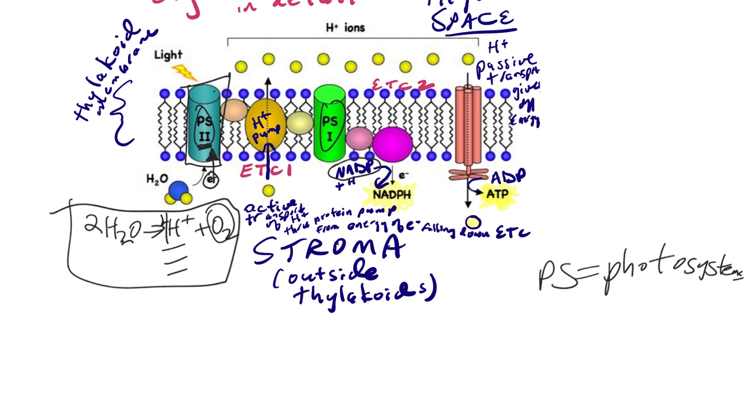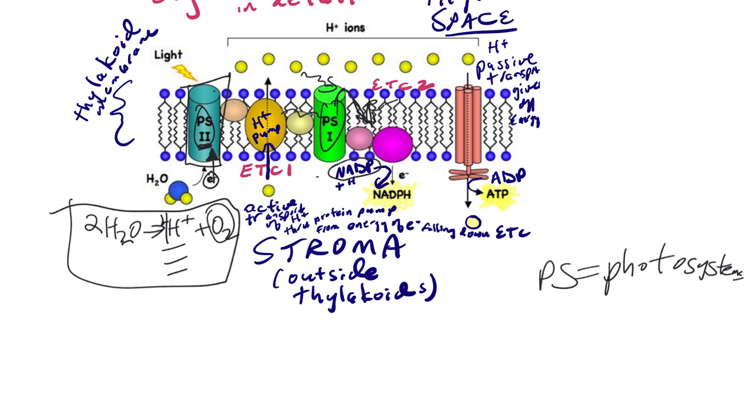So these low energy electrons will now fall down that electron transport chain and will replenish the electrons that escape, because there is light being added to that photosystem too. That light hits PS1 and the electrons jump off, and fall down this electron transport chain.